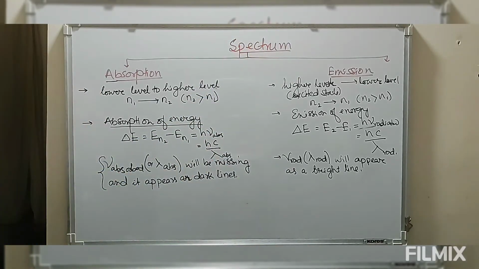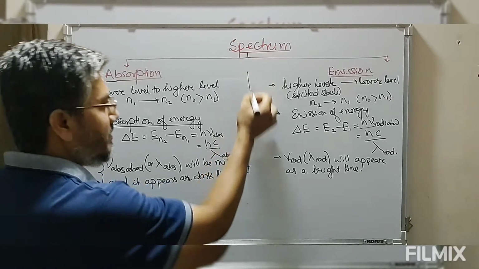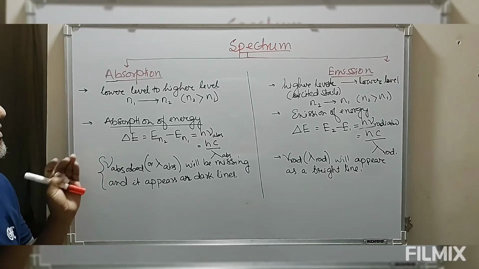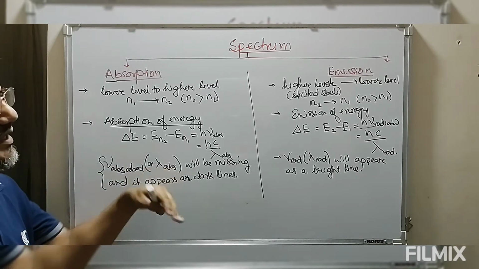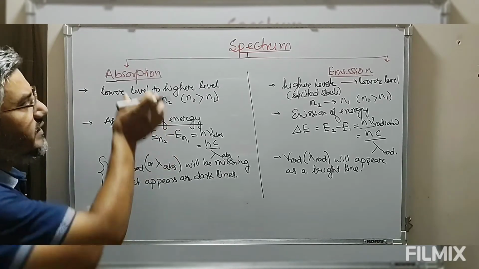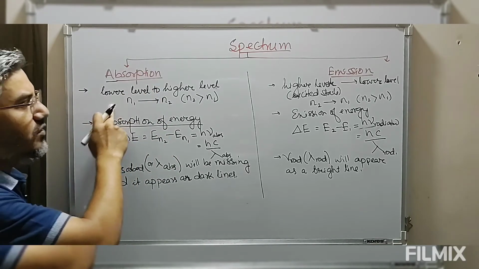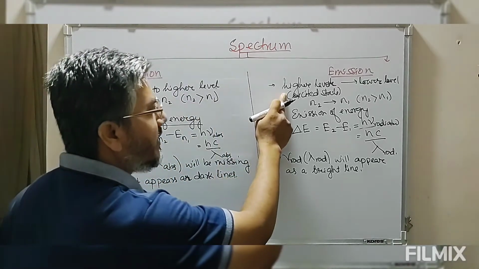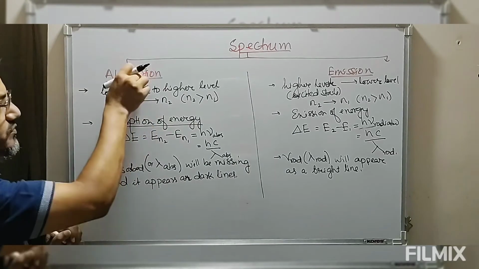So if you look at this, these types of spectra can be used to identify an unknown atom, either by observing the absorption spectrum or by observing the emission spectrum. In the absorption, the electron is transferring from the lower to the higher level. In the emission, the electron is coming from the excited level, the higher level, to the lower level.